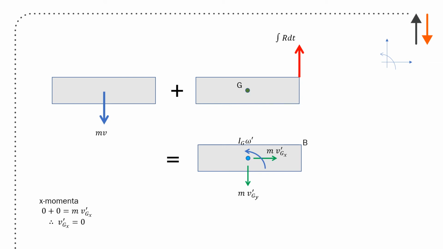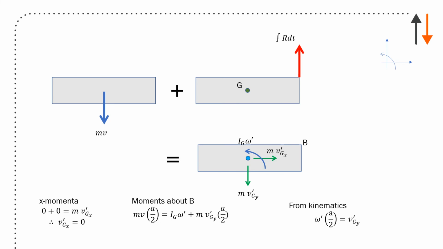If we start with the x momenta, we start with 0 in the x direction, 0 impulse delivered in the x direction, so vgx prime, which is what I'm calling it, is 0. Moments about point B: I have Ig omega prime plus m vg prime a over 2, and I have m v a over 2.